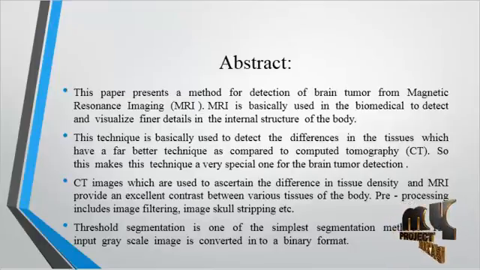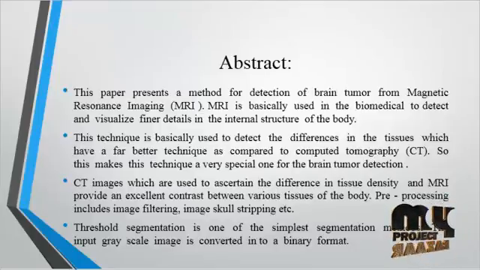So this makes this technique a very special one for brain tumor detection. CT images are used to ascertain the differences in tissue densities, and MRI provides an excellent contrast between various tissues of the body. Hence the pre-processing includes image filtering, image skull stripping, etc.